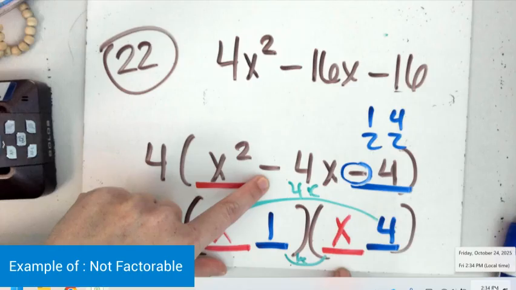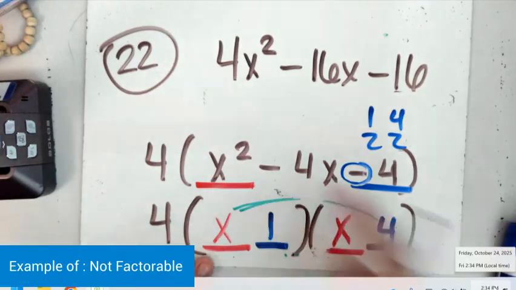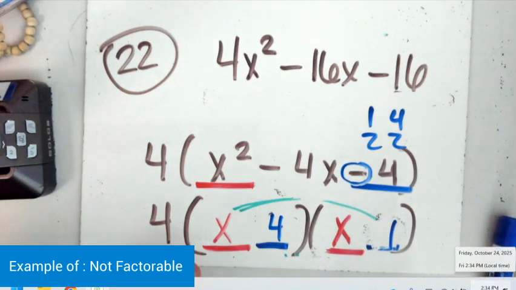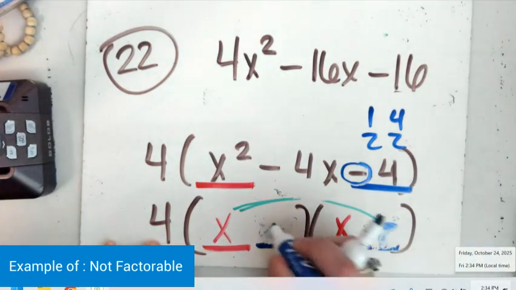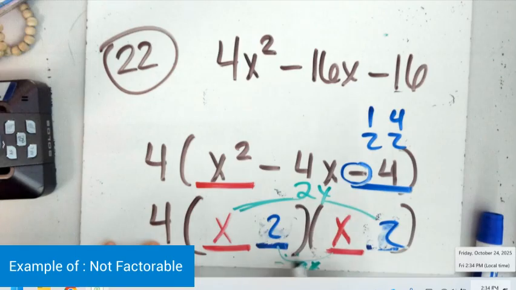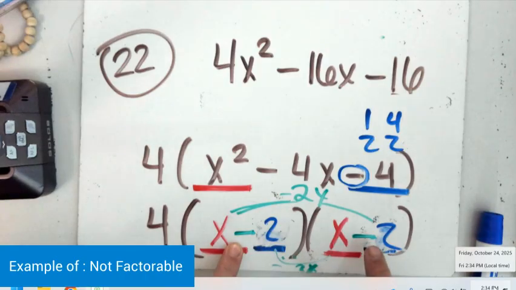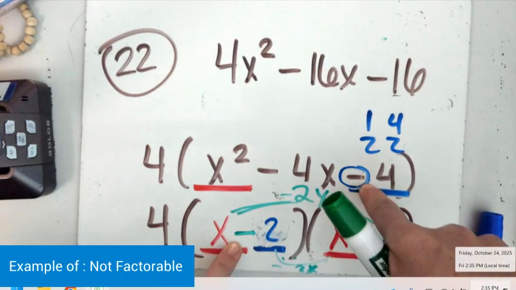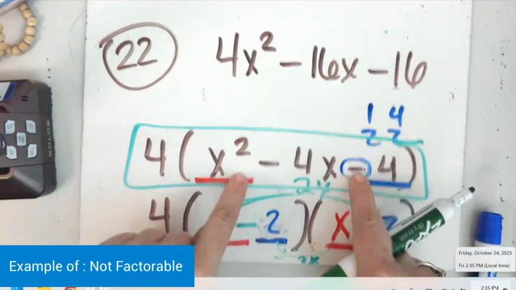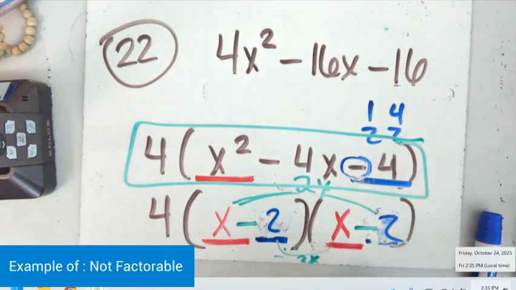No. Okay, let's try 4 and 1. It's the same thing, so we already know that's not going to work. What about 2 and 2? This is 2x, and this is 2x. So they're both negative. Is a negative times a negative negative 4? No, wait. This is not factorable. This right here is your answer. Because your signs have to be different.